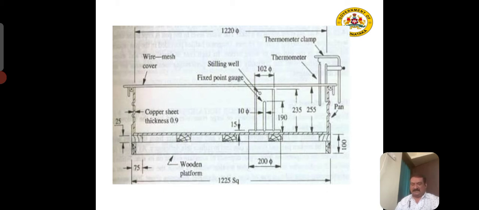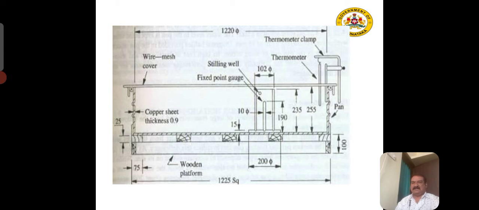It has been found that evaporation from a pan is not exactly the same as that taking place from a water body. Hence, while using pan measurement data for evaporation from a lake or a water body, a correction factor has to be applied, or it is multiplied by a pan coefficient.